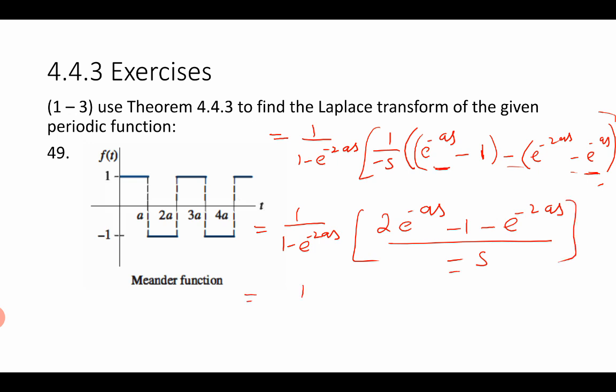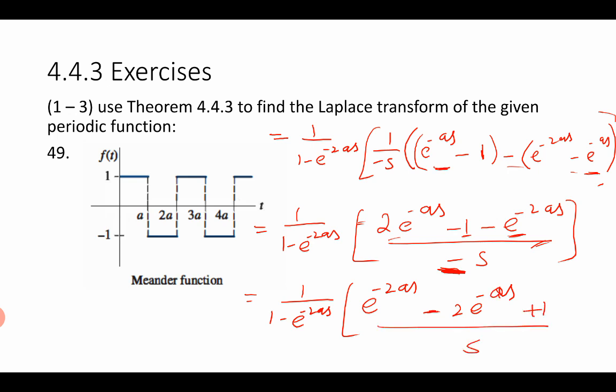So 1 over 1 minus e raised to minus 2as, you can write this one first, positive e raised to minus 2as, because this minus will be multiplied inside for every term in the numerator. So this will be positive, this will be positive, this will be negative. Minus 2 e power minus as plus 1 and divided by s.